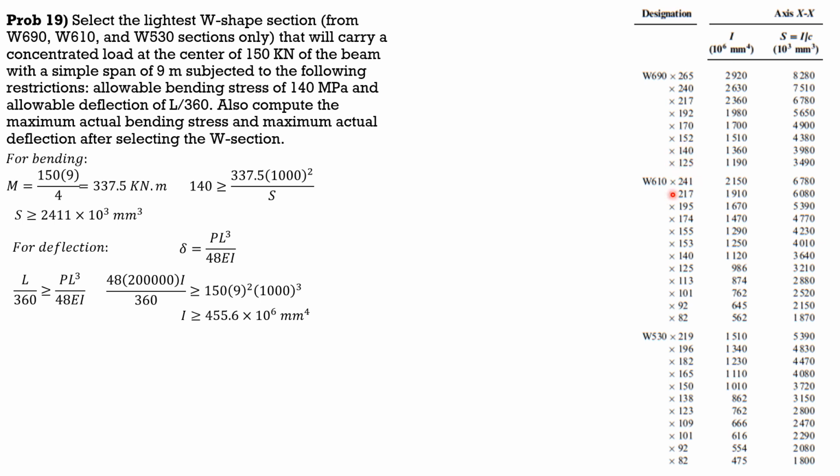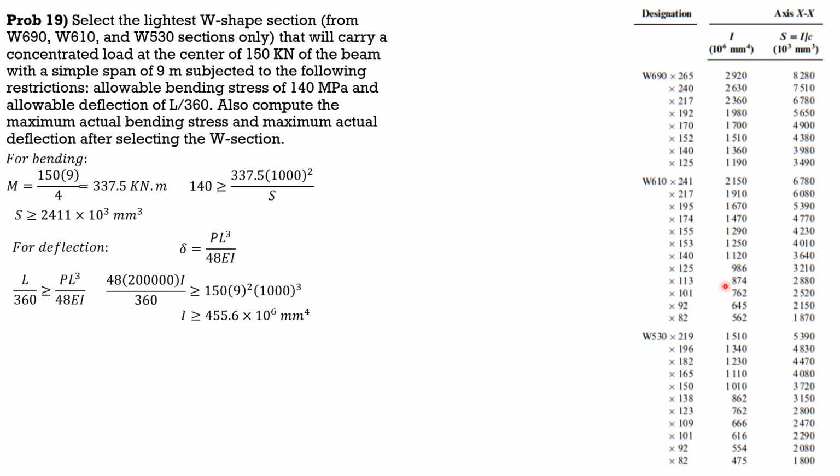So let's proceed to W610. There might be a lighter section which satisfies these conditions. So this is also the same as that 125. I satisfies, section modulus satisfies, but there are lighter ones that satisfy.